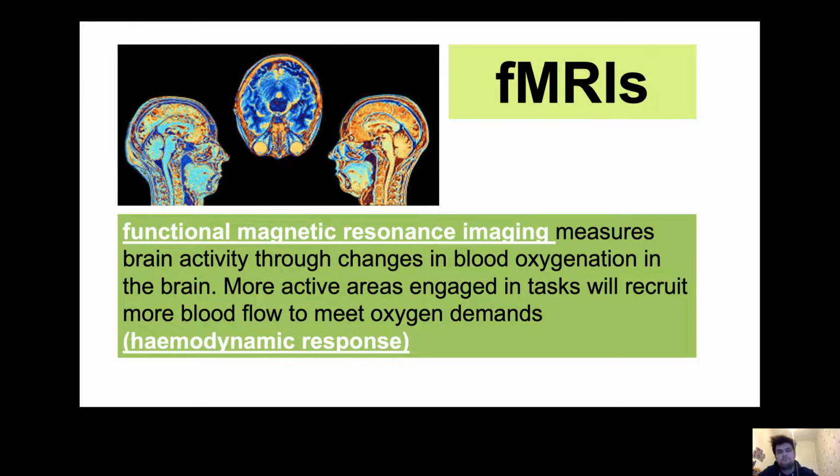So more oxygenated blood will travel to those regions of the brain to meet the increased demands for as long as that region of the brain needs the energy to complete the task it's trying to complete. And this is called the hemodynamic response. So hemo references blood. So it just means a dynamic, active variable blood response within the brain based on what it needs at any given moment.